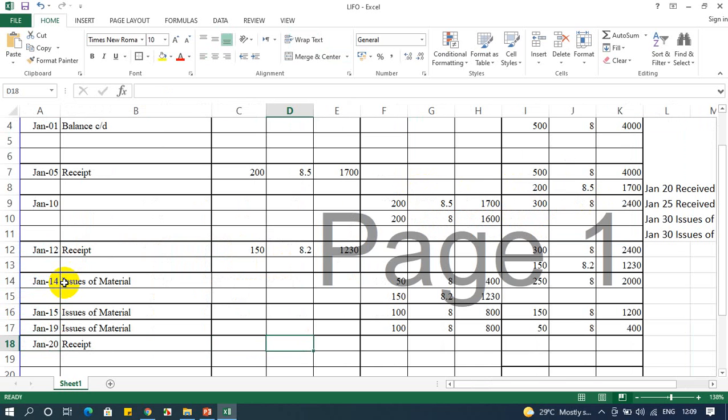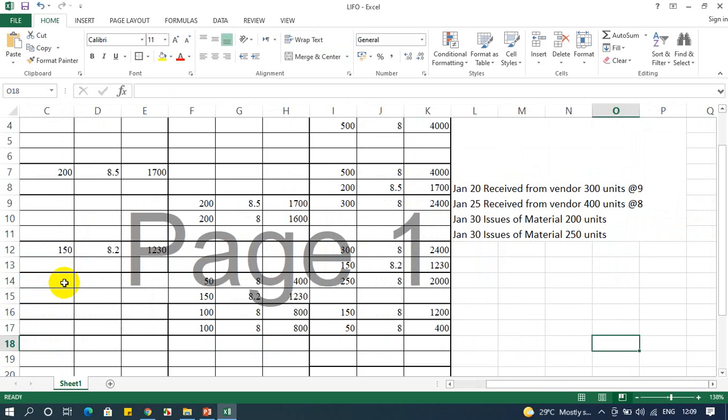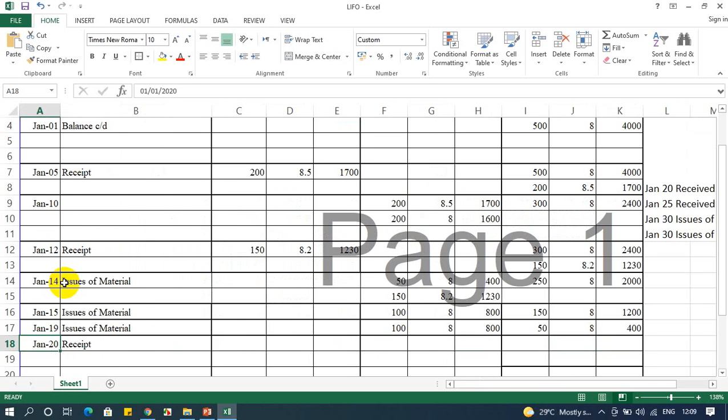How much? 300 units at the rate of 9. So writing 300 units at the rate of 9, it will become equal to 2700. So the last period balance of 50 is 400, and the new balance which came here, at 9, will become 2700, right?